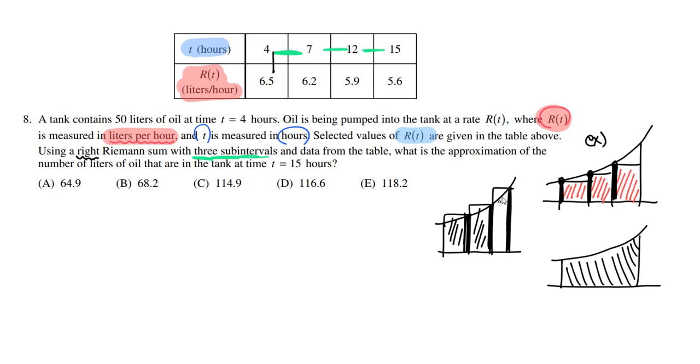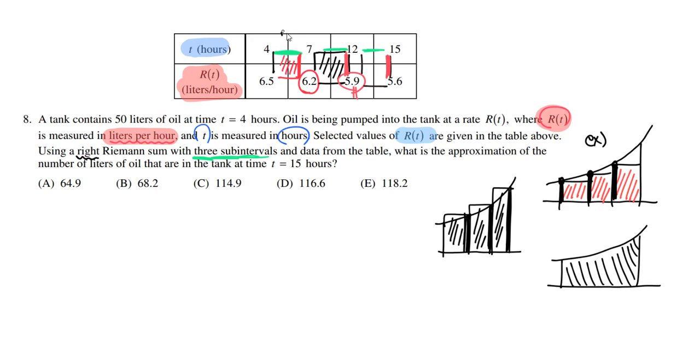Does it make sense? So I'm going to use the right side number as the height. If there is a rectangle, I will use the right side as the height.